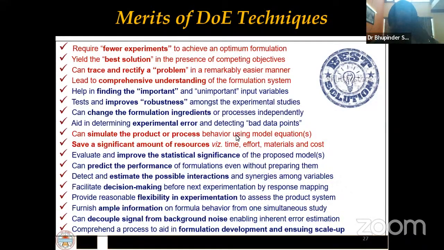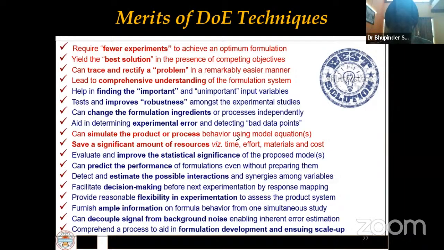It leads to a comprehensive understanding of the formulation system. This is very important. In today's regulatory world, you have to carry out product understanding and process understanding, and this cannot happen unless you carry out studies like DOE.